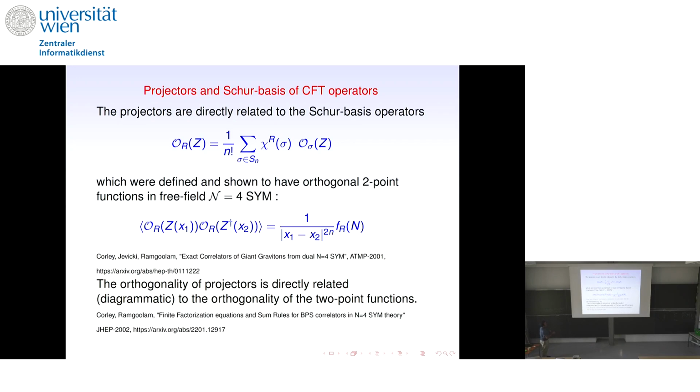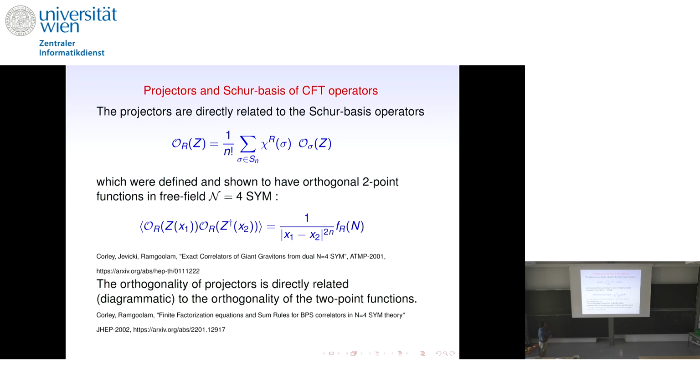So, great. And using properties of the orthogonality of projectors that we just mentioned, you can prove this orthogonality property. So this is O_R O_S, and there should be delta RS here, f of R. F of R is a very simple polynomial that depends on the Young diagram, and it's also related to dimensions of representations associated with that Young diagram.